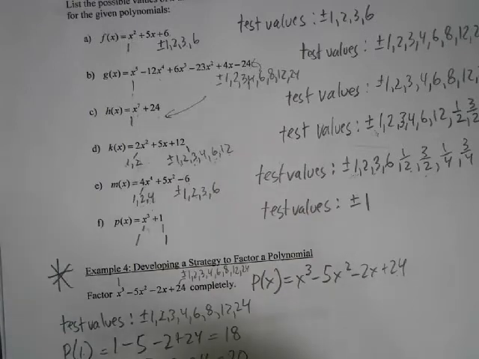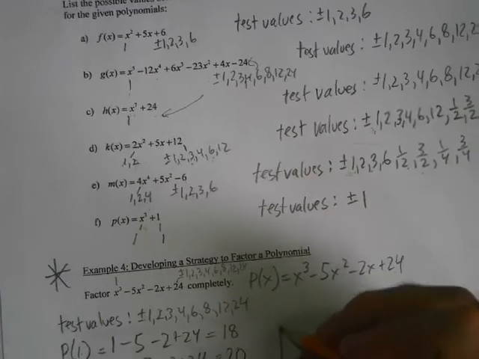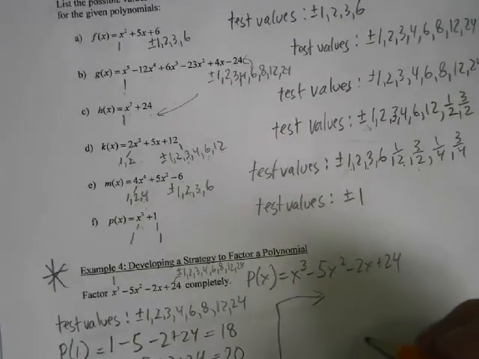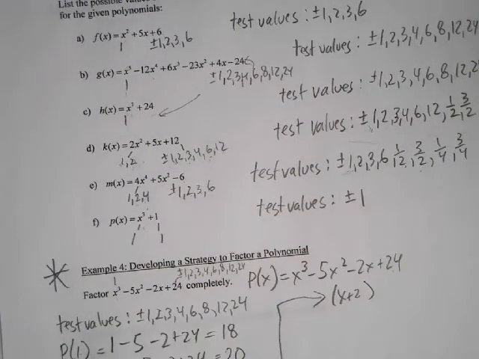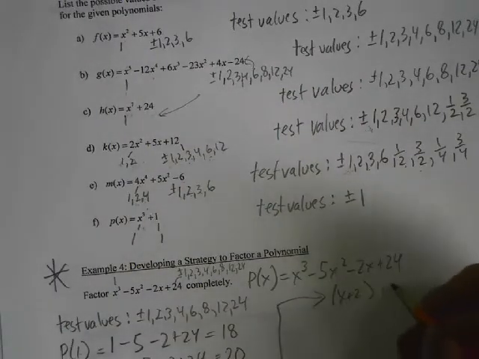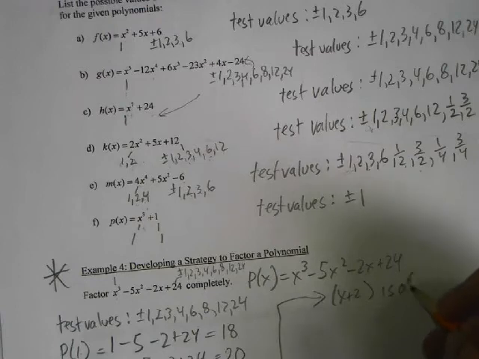That means good news. That means P of negative 2 is 0. So that's the remainder. That tells you that x plus 2, and remember, it's x minus this number, so x plus 2 is a factor of P of x.